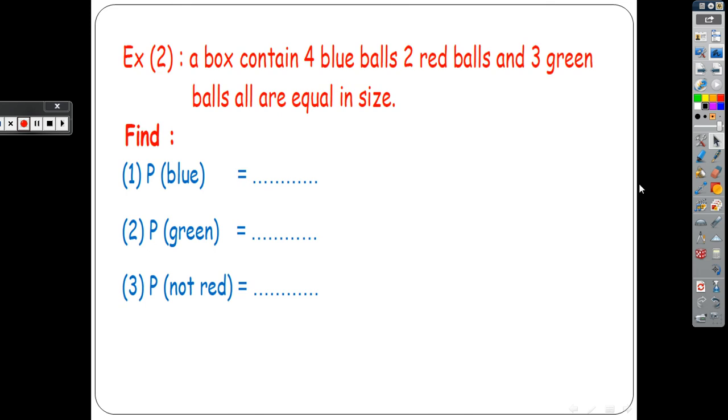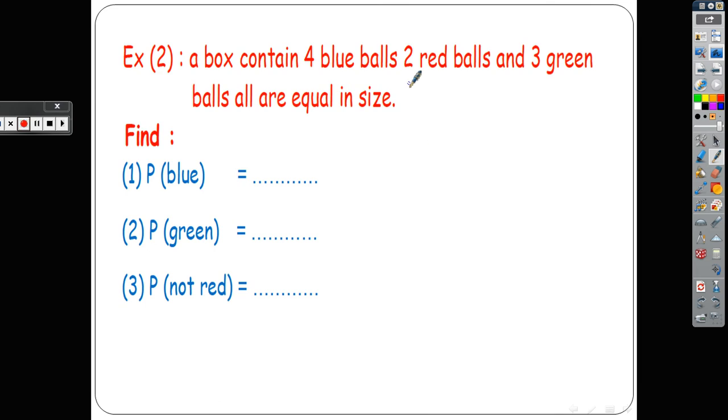You say 4 plus 2 plus 3. 4 plus 2 equals 6, and 6 plus 3 equals 9. So you have 9 balls in the box.